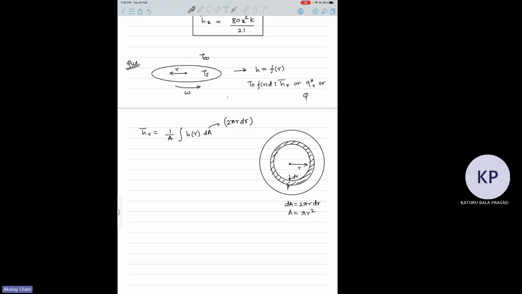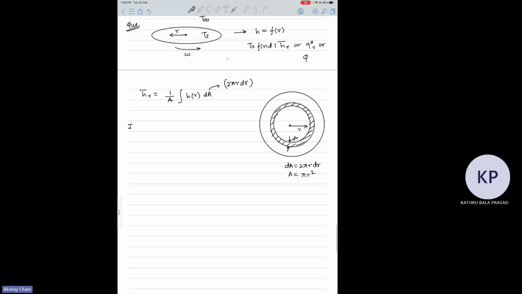So coming back to the second question of the assignment, here they have given the function of h. Let's say your heat transfer coefficient is a function of some constants and r to the power n, where a, b, and n are constants, and your maximum plate radius is r0, that is the radius of the plate.